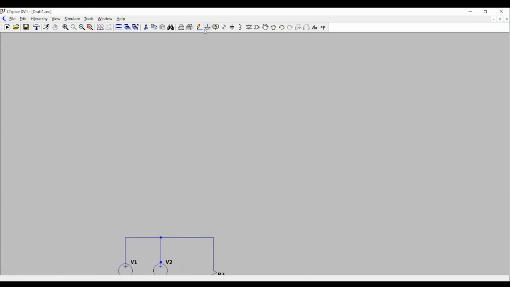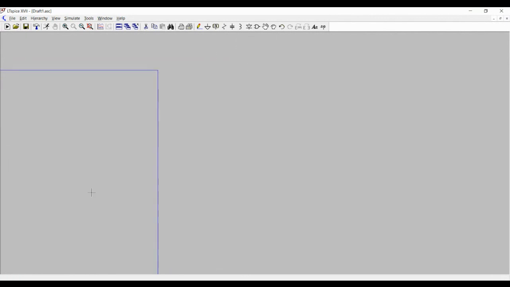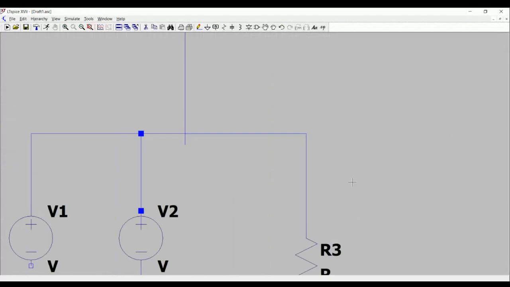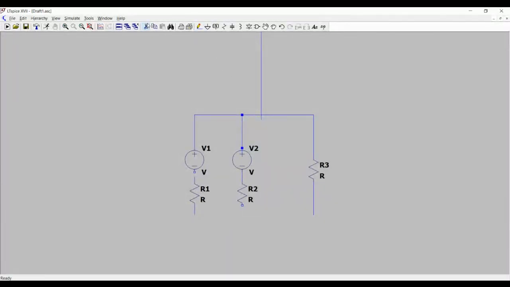There is my wire again. Just give me a second. Zoom out, thank you. Right, just connecting my conductors here.